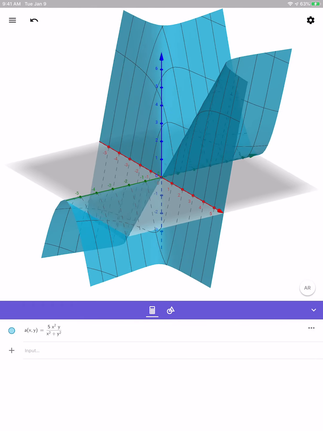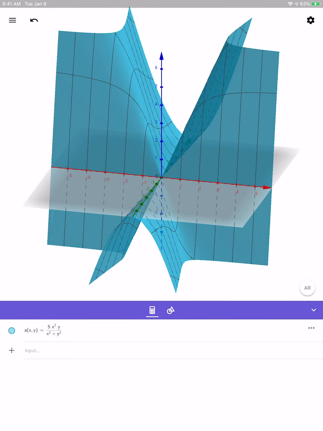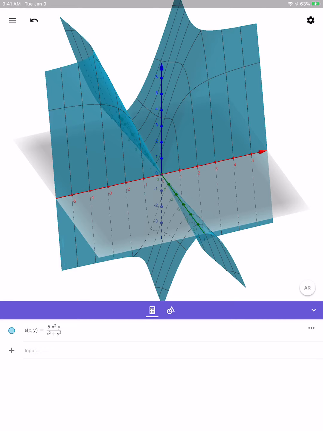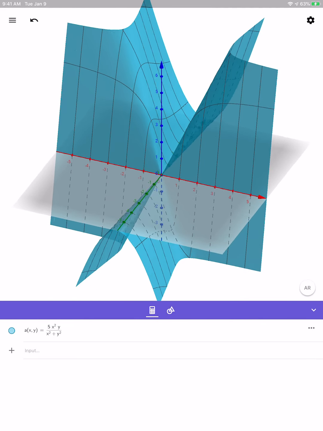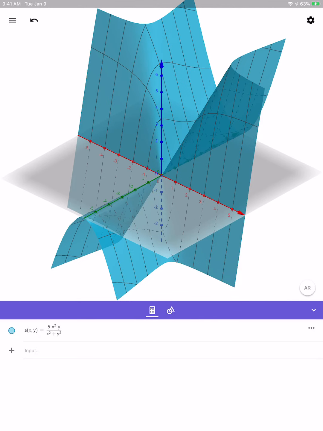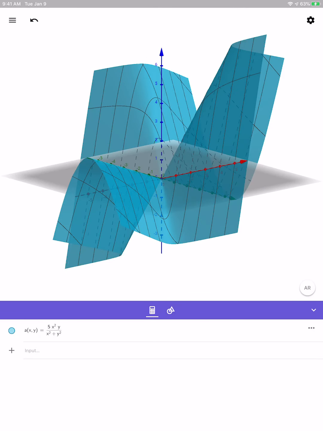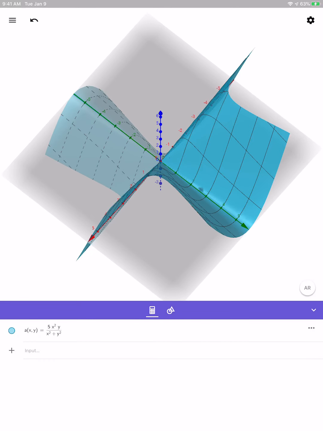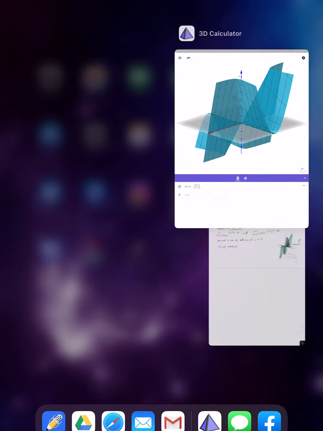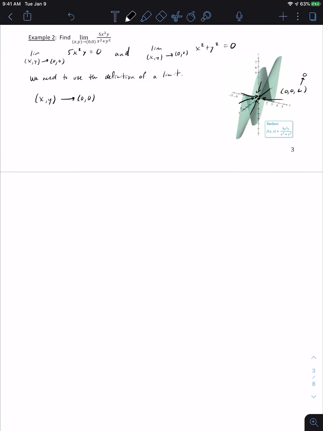No matter which way I turn this, if I look at points along the white plane heading towards the origin, it looks like no matter what direction I'm coming from, the graph is always heading towards the z value equal to 0. Even if I'm coming up this hill, or coming down this hill, I'm still heading to the z value equal to 0. So that's our intuition as to why we think the limit is 0.